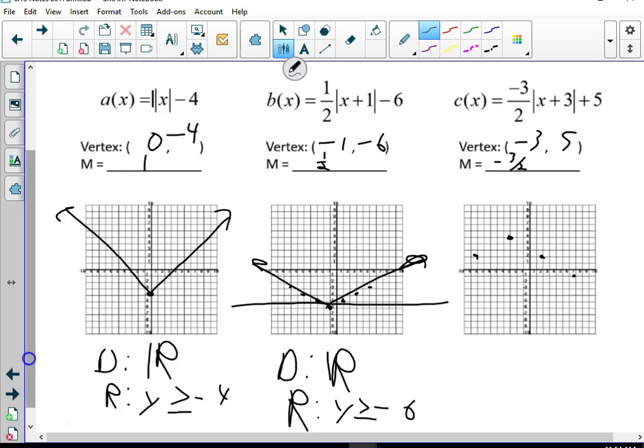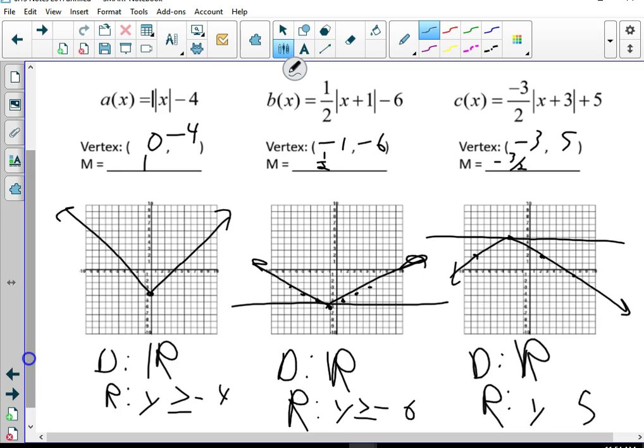I'm actually going to be off the board at that point, so I just do that. Domain is all real numbers. For my range, where's my ceiling? Ceiling is at 5, but it's going down, so it's less than or equal to that.